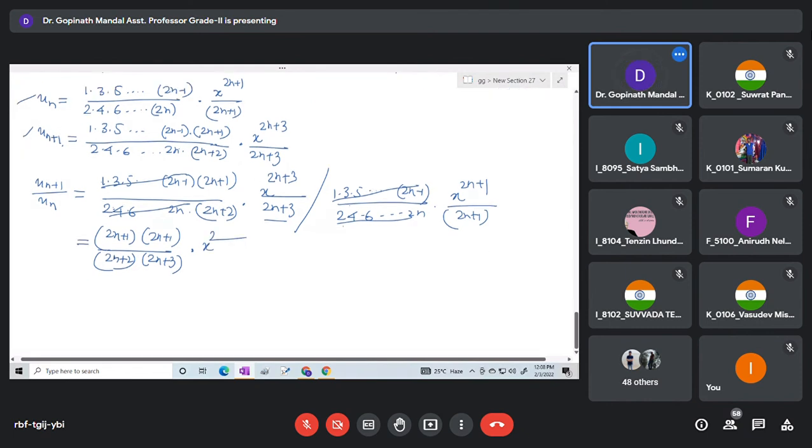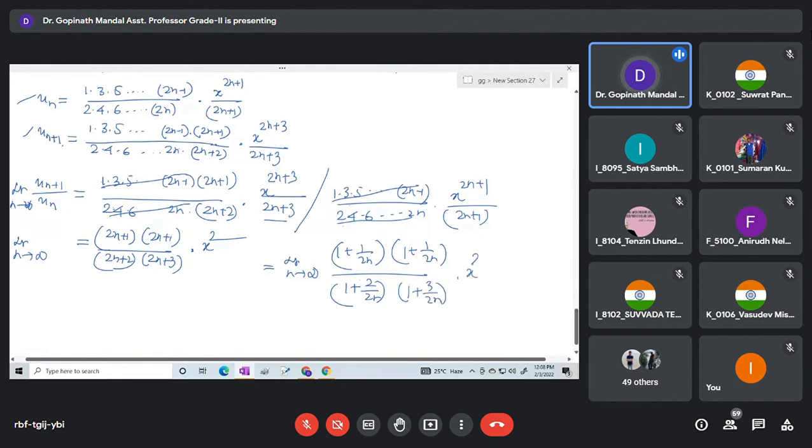Now limit n tending to infinity, this will be 1 plus 1 by 2n, 1 plus 2 by 2n, 1 plus 3 by 2n into x square.